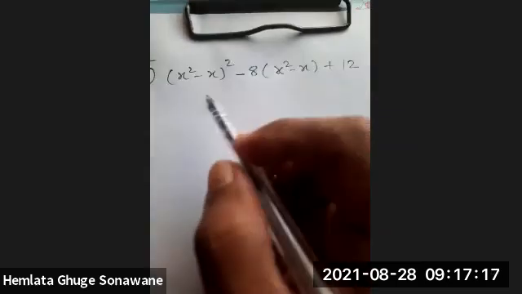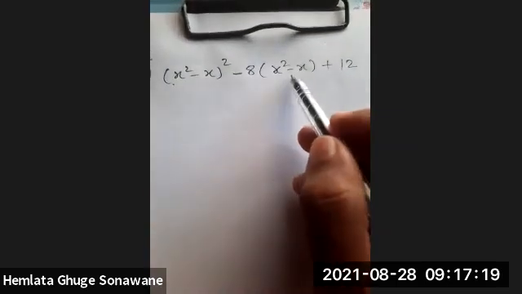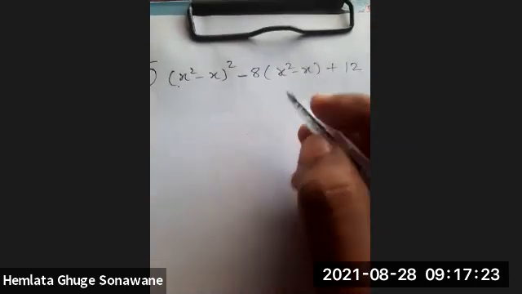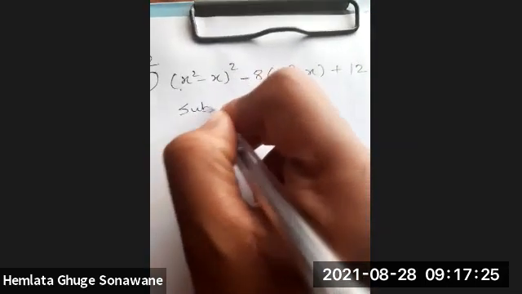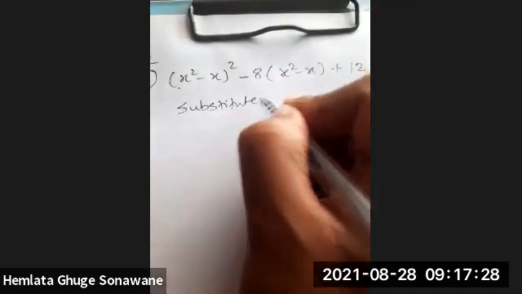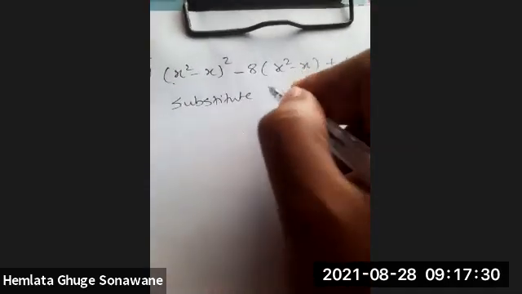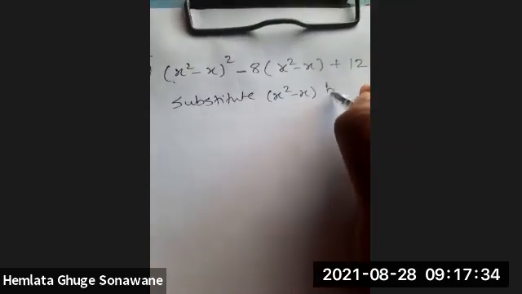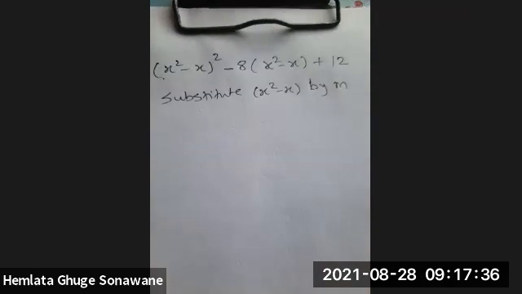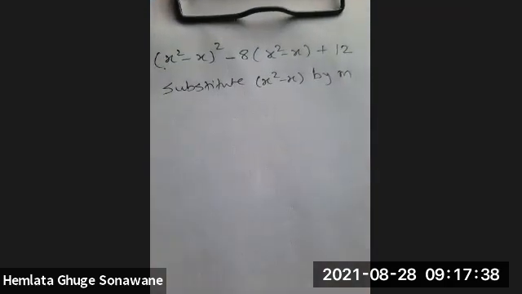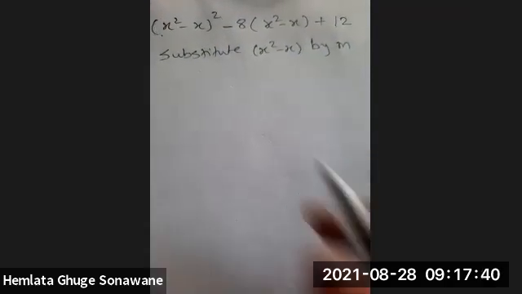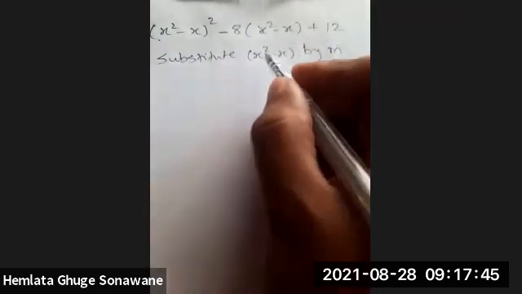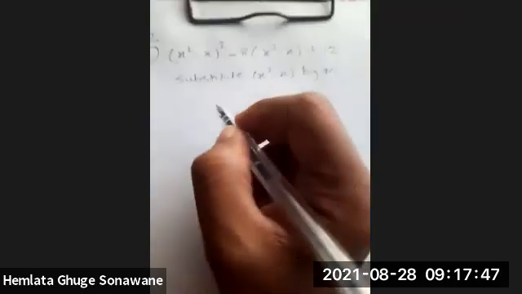Okay. Now here we'll replace this bracket with another alphabet, that is a variable. So we'll substitute x square minus x by m. You can use any variable, a, y, other than x. We'll replace it by m now.